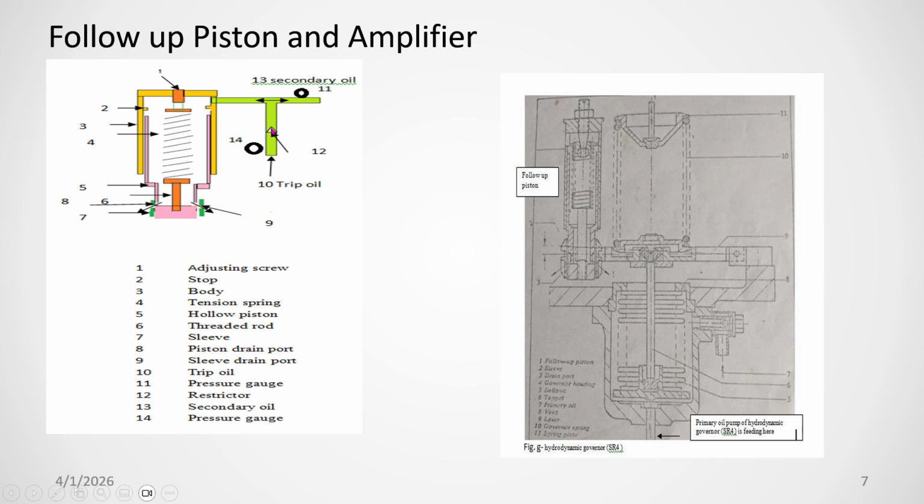You can adjust the stiffness of the spring by the screw. When oil goes inside, in normal cases, this follow-up piston has a hole, and the sleeve, which moves up and down through the governor, also has a hole. When the sleeve blocks this hole, pressure will build up and the spring will extend, and then the follow-up piston will come to the steady state condition.